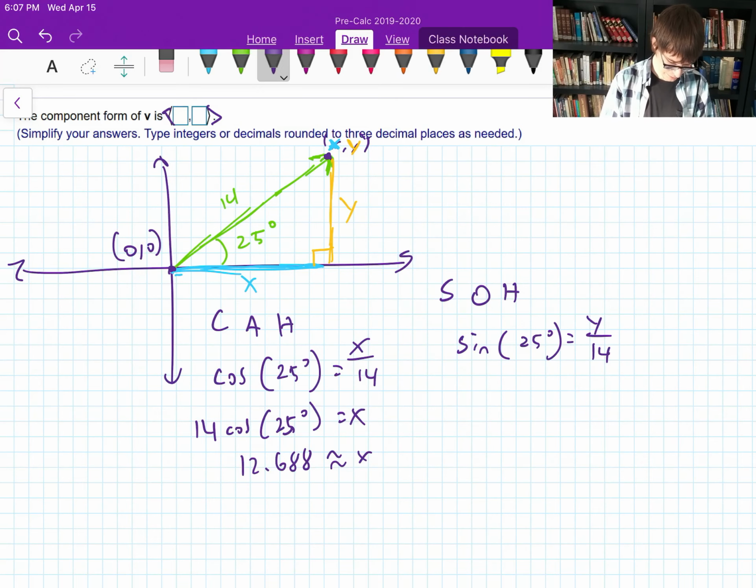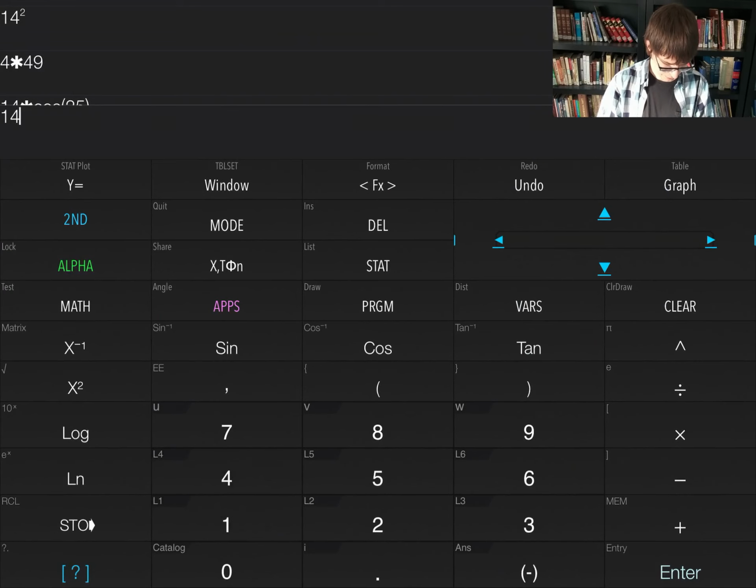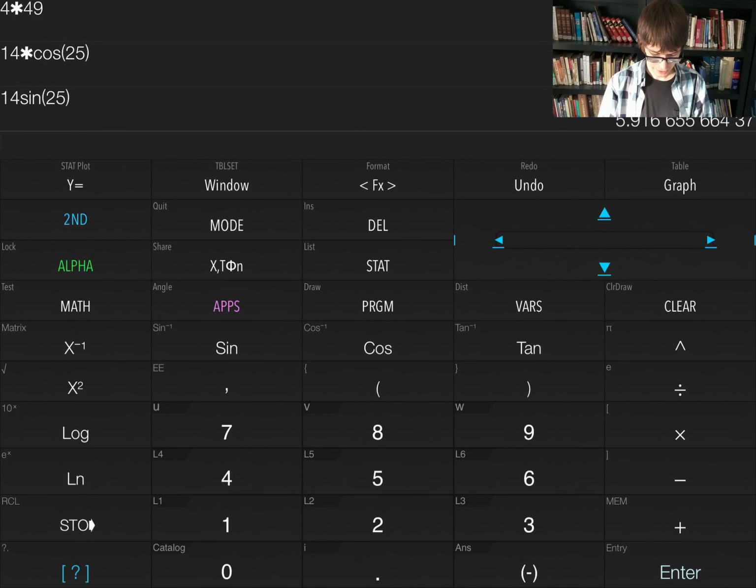Multiply both sides by 14, so 14 sine 25 degrees equals y. And we'll plug that in. 14 sine 25 gives us 5.916, and rounding to the third decimal place, that's 5.917.